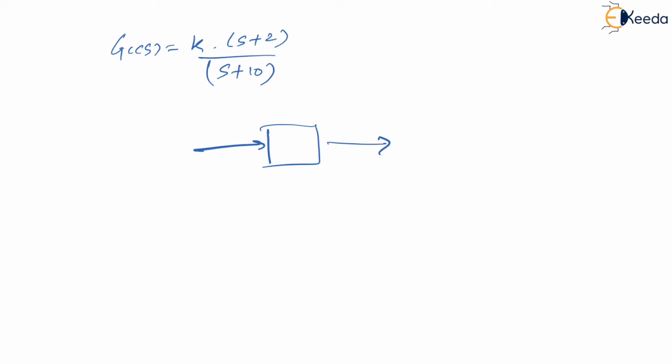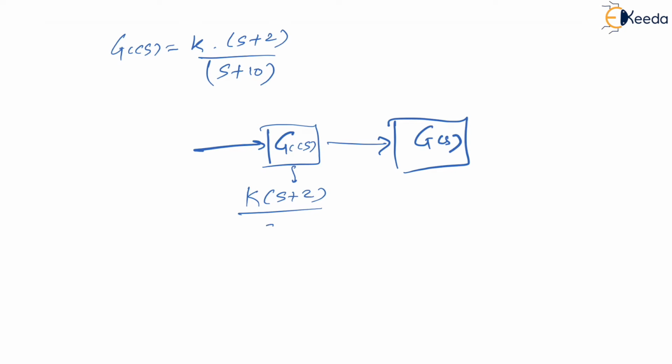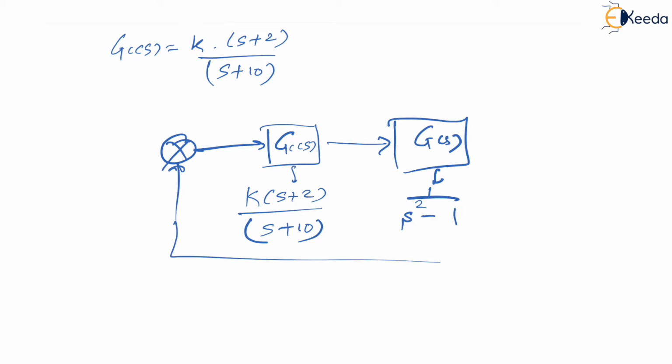So let me assume that Gc(s) = k(s + 2)/(s + 10). So it looks like this: this is G(s), this is Gc(s), the compensator, and this compensator is nothing but k times (s + 2)/(s + 10). Similarly, G(s) is nothing but 1/(s² − 1), correct? This is how it looks.